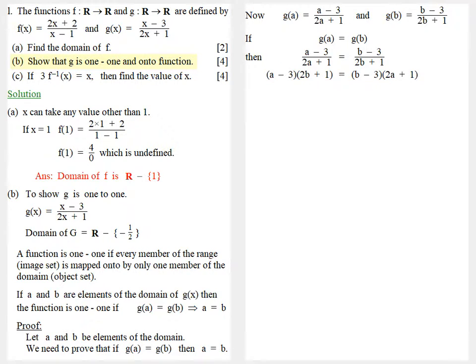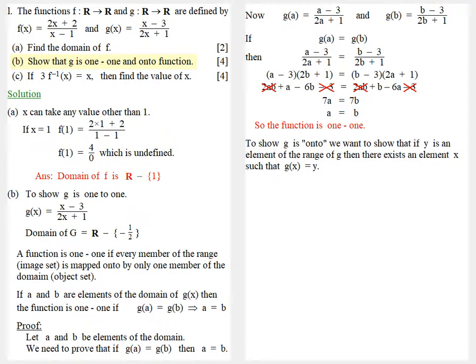If we cross multiply, we get a minus 3 into 2b plus 1 equals b minus 3 into 2a plus 1, and we can expand the brackets to give 2ab plus a minus 6b minus 3 equals 2ab plus b minus 6a minus 3. Now we can cancel the 2ab on each side, and we can cancel the minus 3 on each side. So if we add 6a and 6b to both sides, we end up with 7a equals 7b, so a equals b. So we have shown the function is 1-to-1.